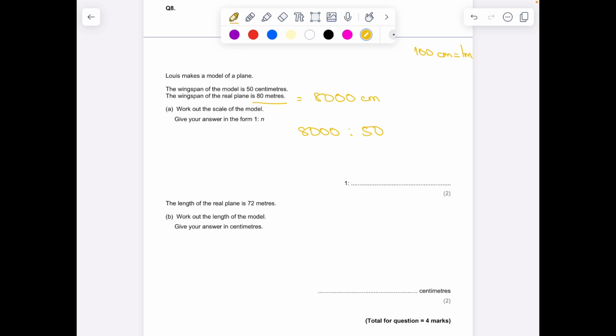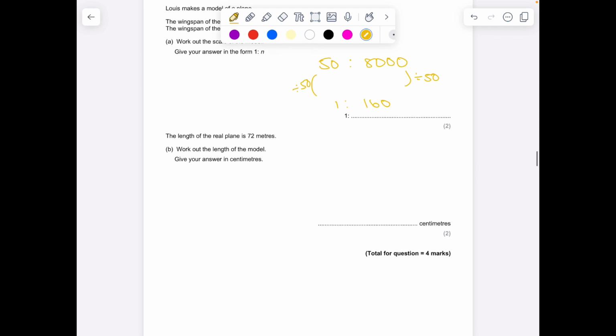We'll do it the other way round. And we'll do 50 to 8,000. So I'm going to divide both sides by 50. And again, you can do this on your calculator and you get 1 to 160. So 1 to 160 once you do 8,000 divided by 50.